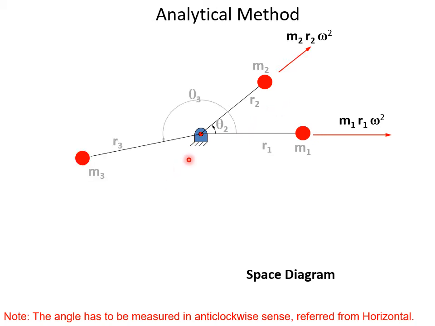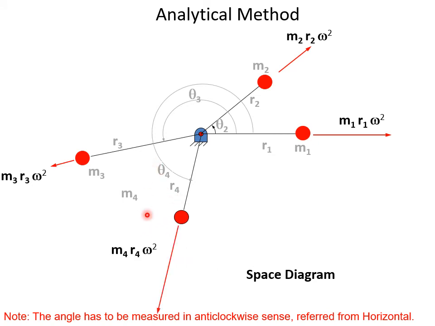Then we have m3 r3, which is at 200 degrees and generates a force m3 r3 omega square. We have a mass m4 at radius r4 at angle theta 4, which will generate m4 r4 omega square. And our interest is to find mb at some radius rb, which will generate mb rb omega square and balance all the four masses together.